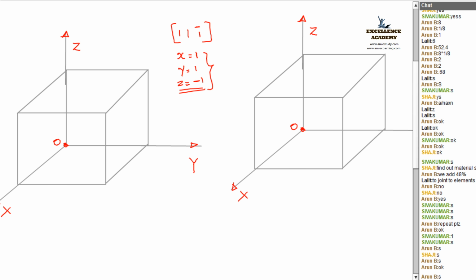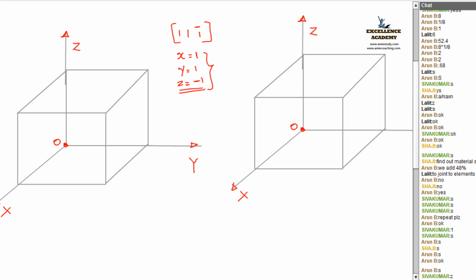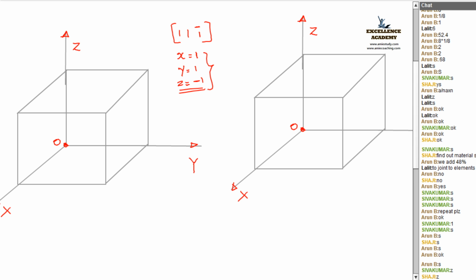Shivakumar says that it is Z. Is it clear to all of you? If a negative sign is there, you have to shift the origin through that negative axis. Here, Z is my negative axis; you can see negative 1. So you have to shift the origin through the Z axis.